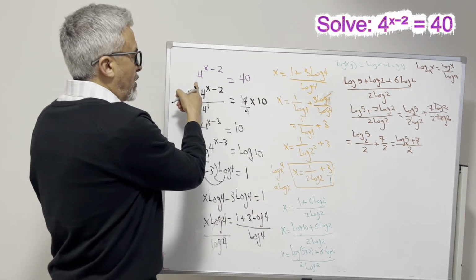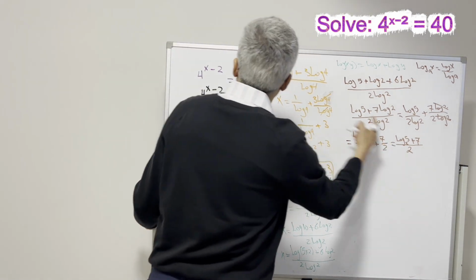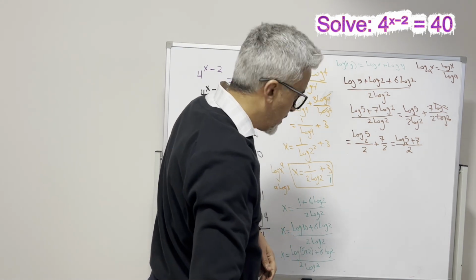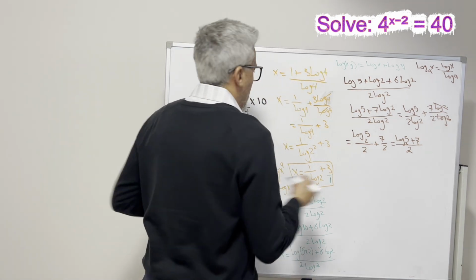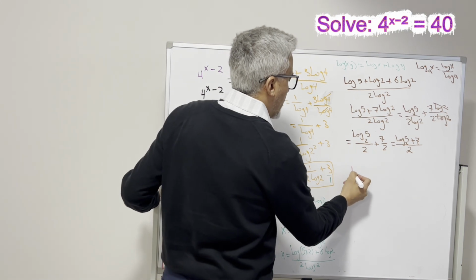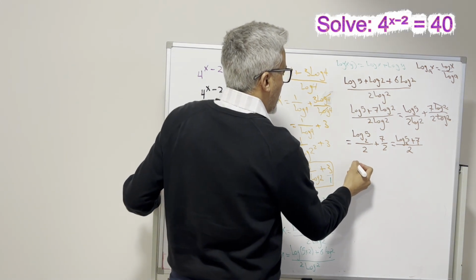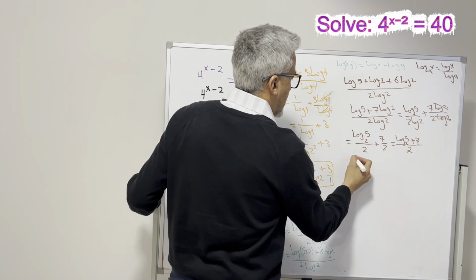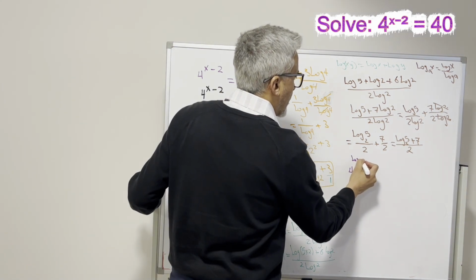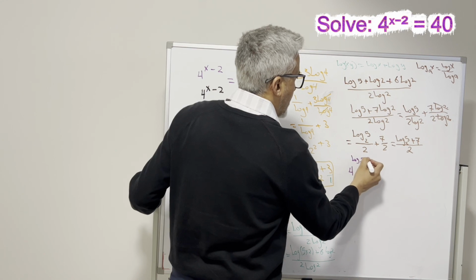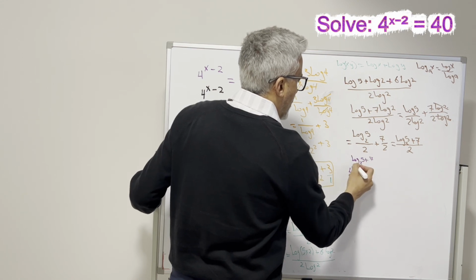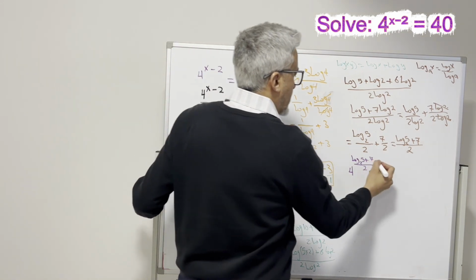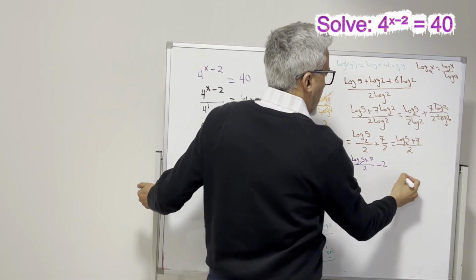Now we're going to go here and plug in this for the x. So we're going to have 4 to the power of x, which is log base 2 of 5 plus 7 over 2, minus 2.